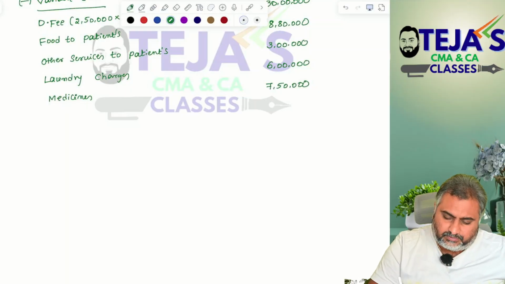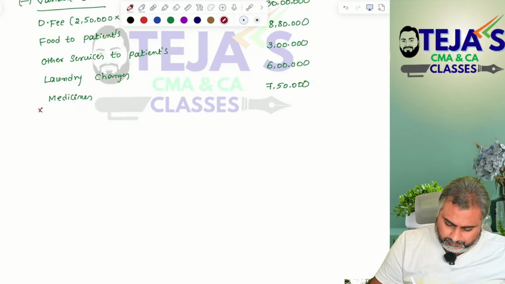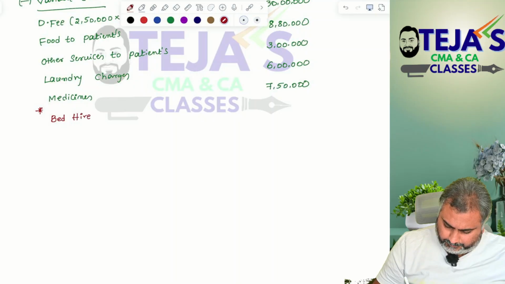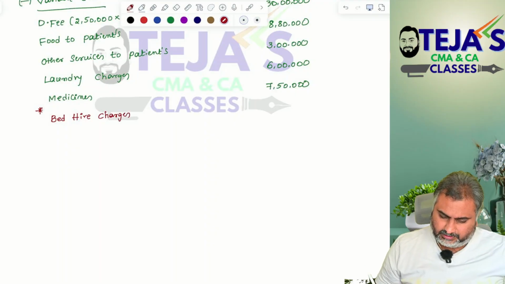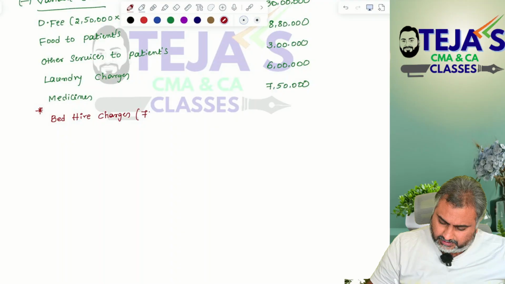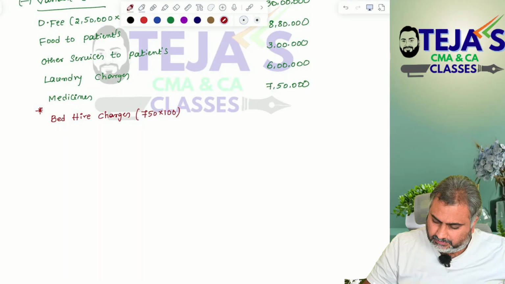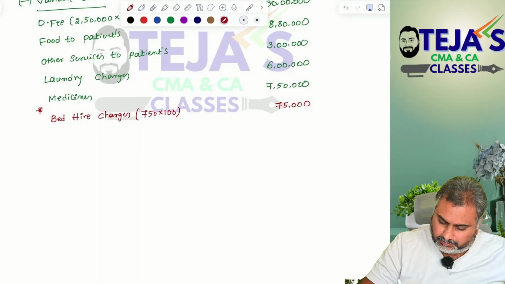So highlight this point with some red pen. That is bed hire charges. Totally we have 750 beds, each bed we are paying, so totally we need to pay hire charges of 75,000.